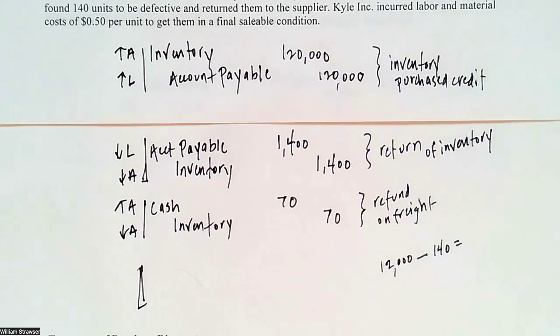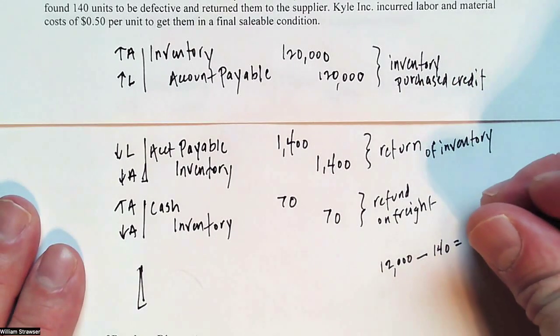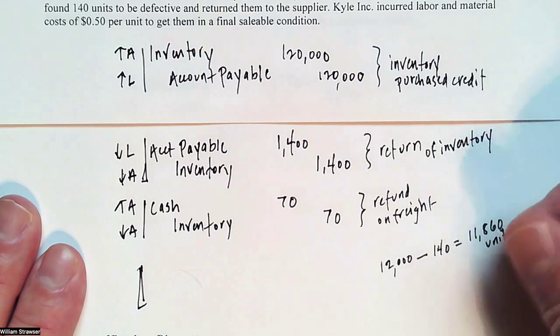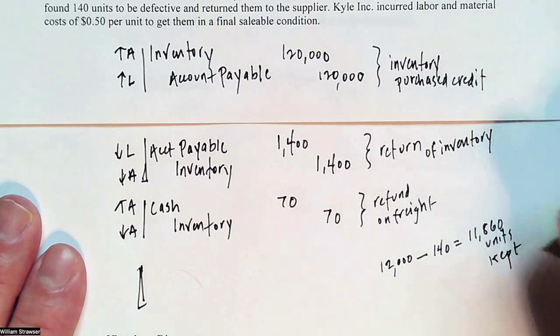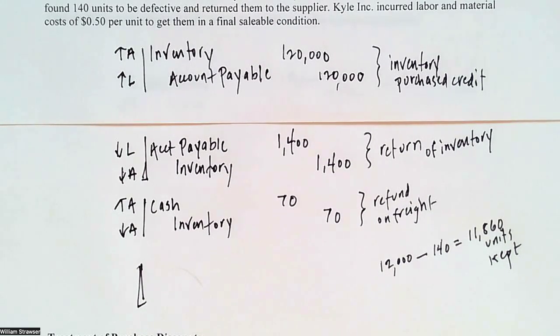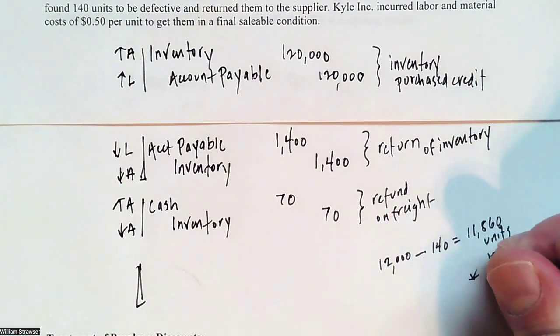So that means that of those 12,000, I kept 11,860 units. So that's the amount that have to be put into a final sellable condition, which is 50 cents per unit.